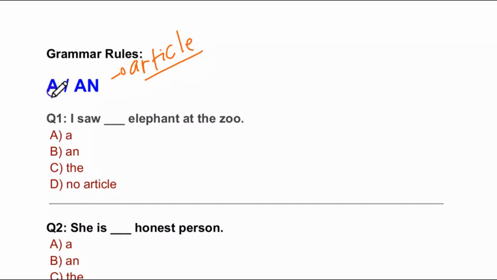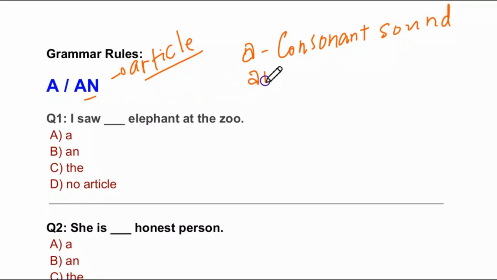We use a before words that begin with a consonant sound, and we use an before words that begin with a vowel sound. Okay, let's start the questions.